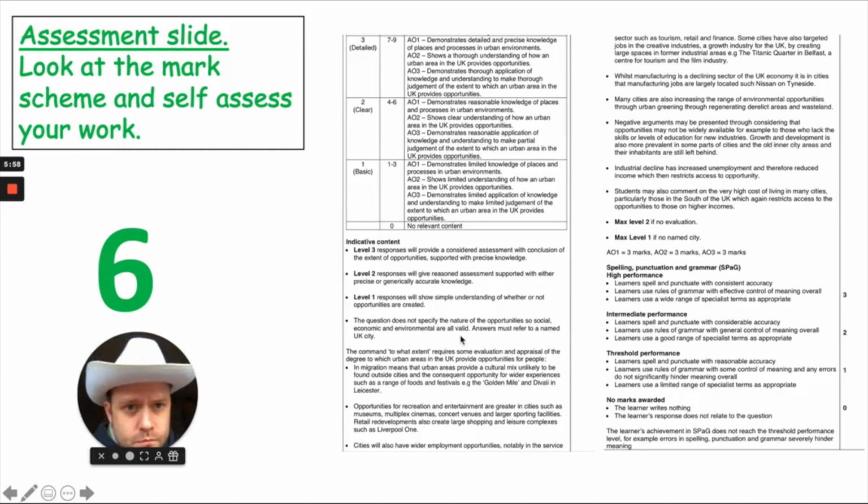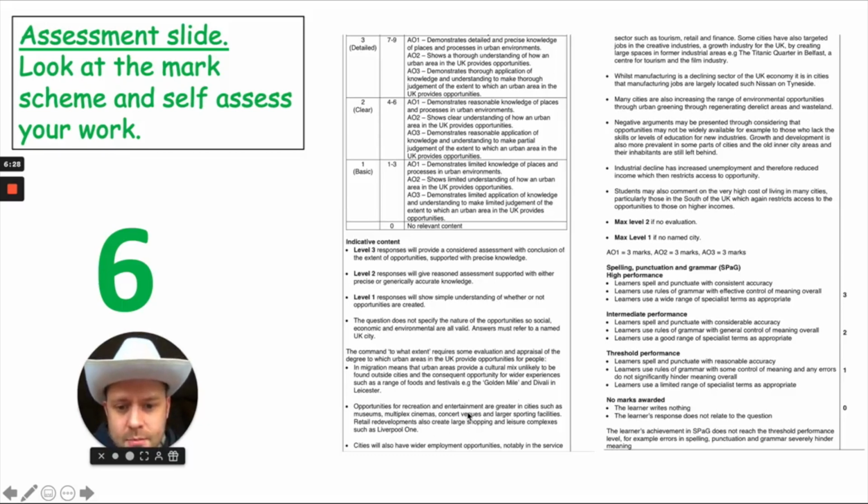There's loads of things you can talk about. If we look down here, you could talk about migration and the cultural mix. All right. This talks about the Golden Mile and Diwali celebrations in Leicester. But all you've got to do is change that to Chinatown in Birmingham, or St Patrick's Day that's celebrated in Digbeth, the Irish Quarter in Birmingham.